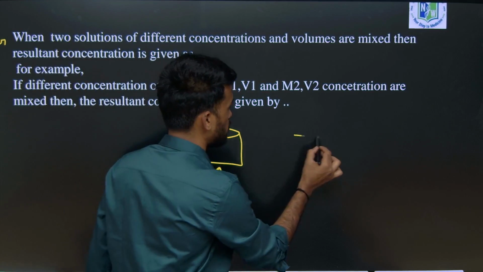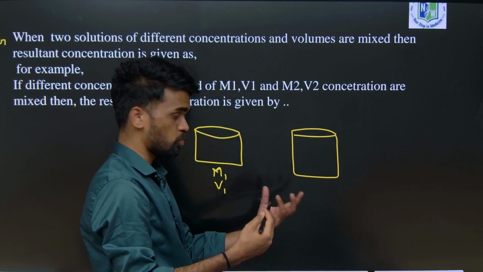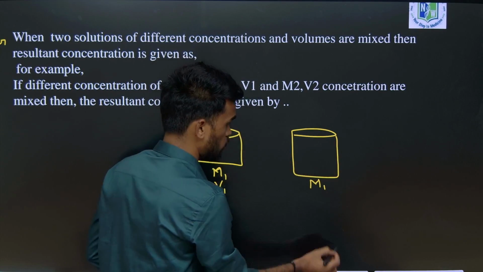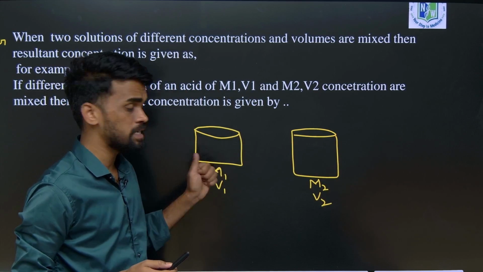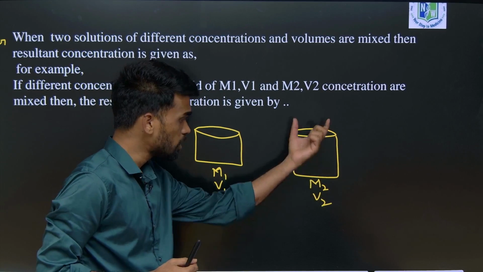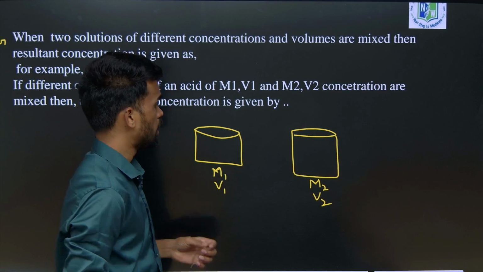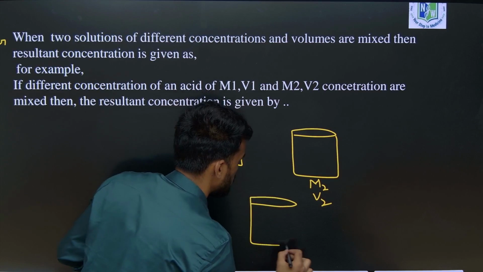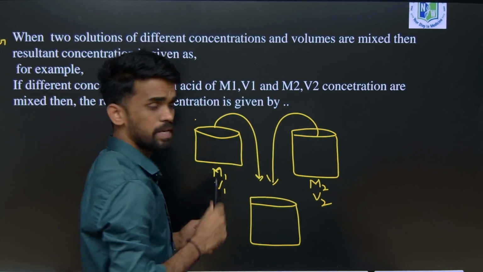And I have one more beaker here, with one more acid with concentration M2 and volume V2. Now when we mix these together, I am taking a third container in which the second one and the first one are mixed.